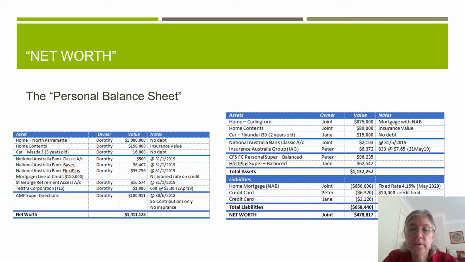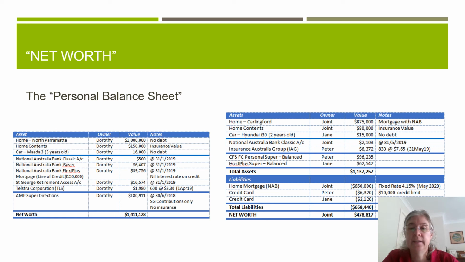If we look further down under liabilities, we can see the mortgage there, joint mortgage, $650,000, and there's some information about the interest rate. Go back up to the assets. We've got the home, there's home contents, and we've got the value of that from the insurance, but it doesn't say when. So you might want to ask some questions of Peter and Jane, from what date is that? Check that it's current.